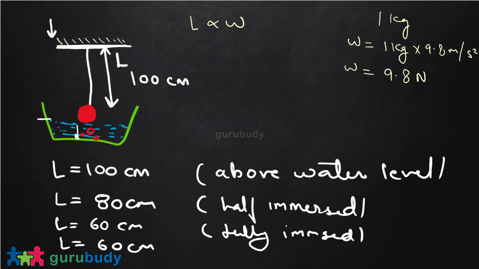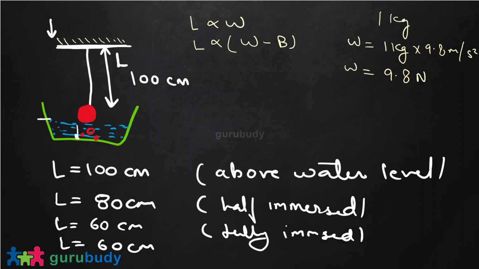Because the mass is constant, gravity is constant, so weight is always 9.8 Newton. Then why is the length decreasing as the stone is going inside the water? And we know this is because of that mysterious buoyancy force. So we can say the length is proportional to the weight minus that buoyancy force. So that thing is clear.